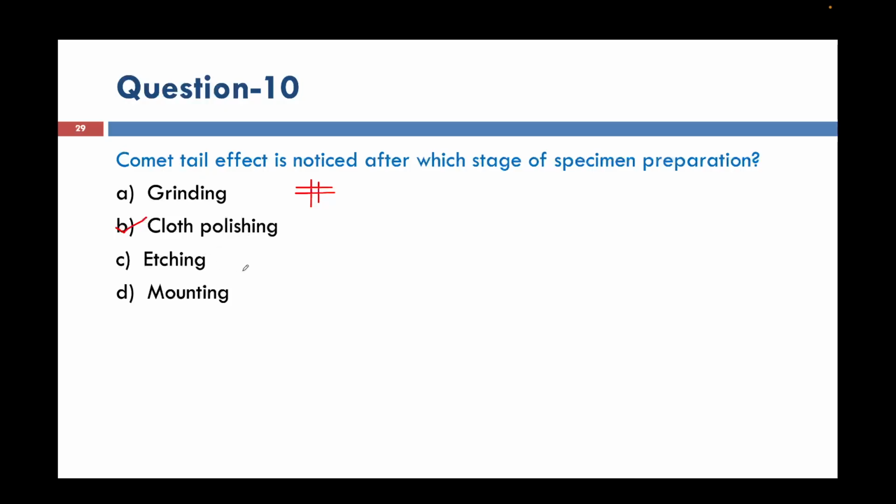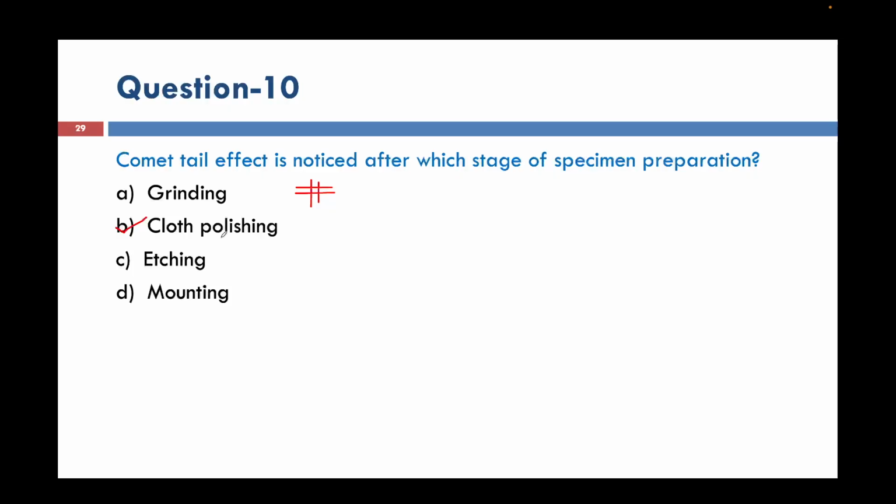Then etching: when we are doing the etching we are revealing the microstructure. Whatever is there in our sample, we are just revealing it, so it is not giving any kind of effect. And mounting means we are holding our sample. So the cloth polishing is the polishing done with colloidal silica, or with alumina for finer polishing, or cloth polishing is done when we are using diamond slurry.